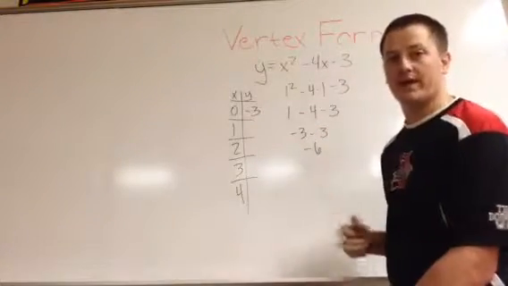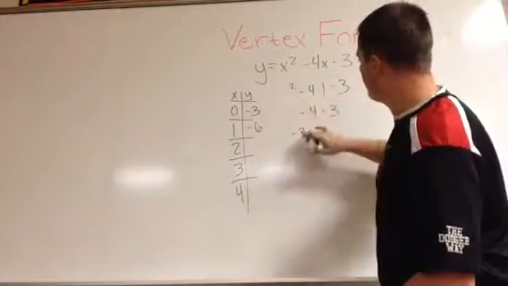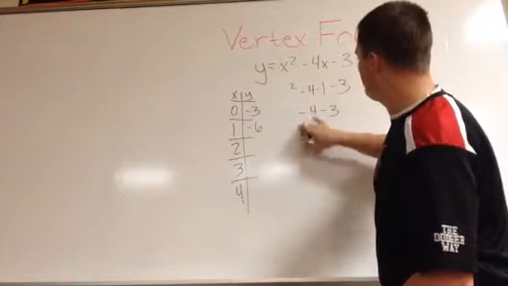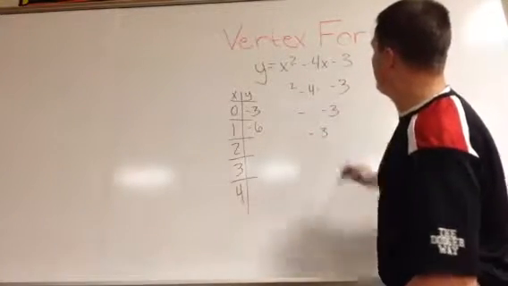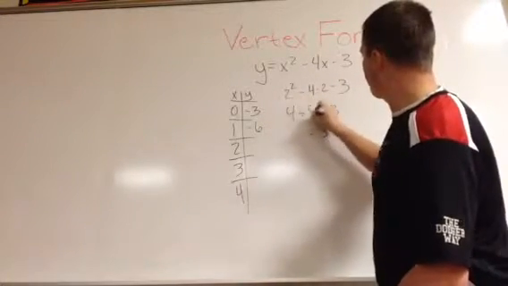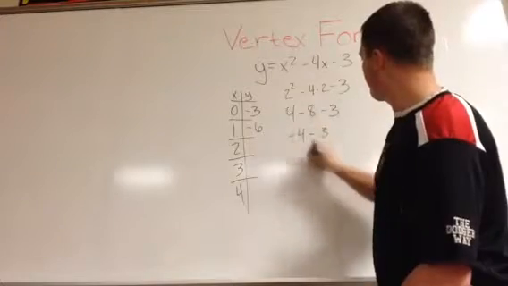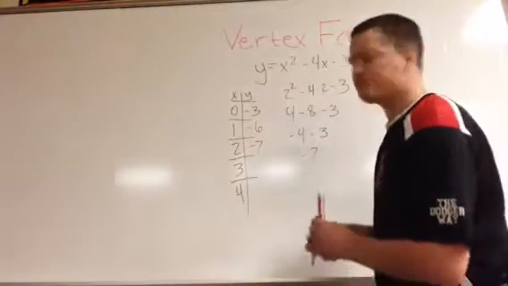This time we get negative 6. Negative 7 for 2.